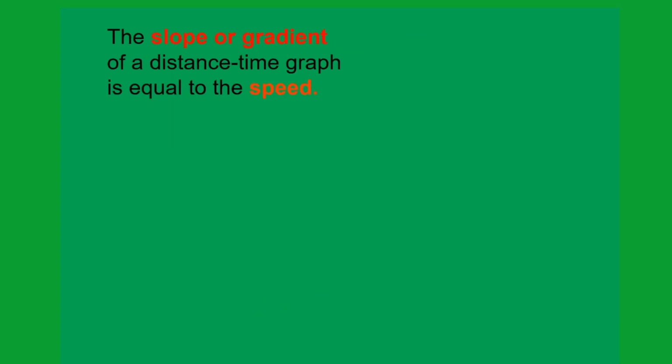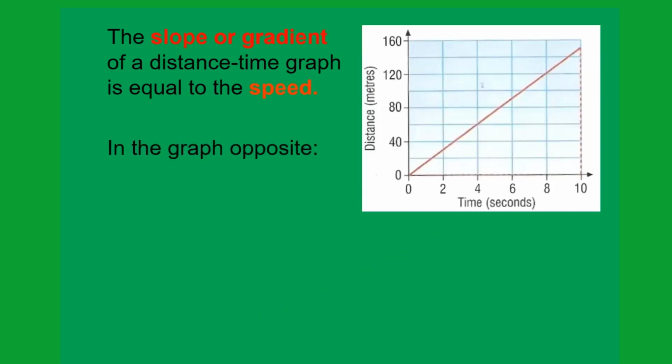The slope or gradient of the distance time graph is equal to the speed. So in the graph opposite, there is a distance time graph. Look at the graph. It is a straight line. A straight line represents that the object moves with uniform speed or constant speed. So speed equals the gradient or slope of the distance time graph.